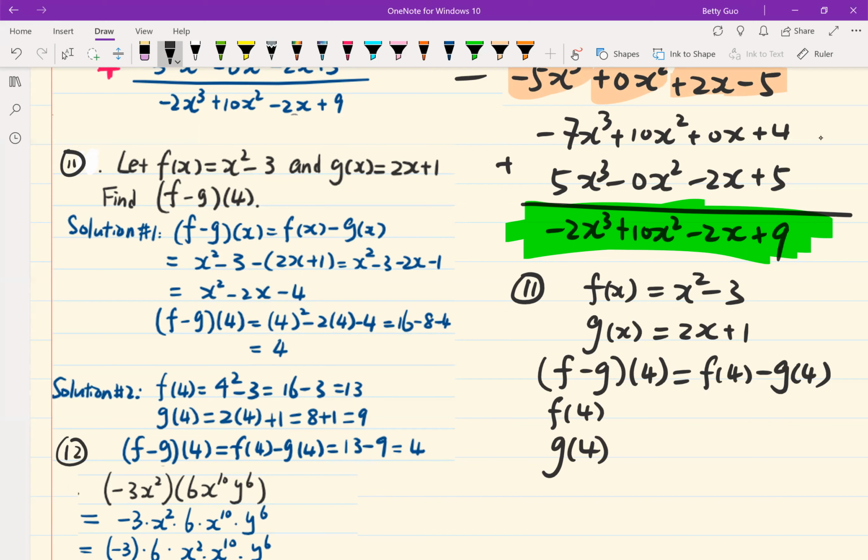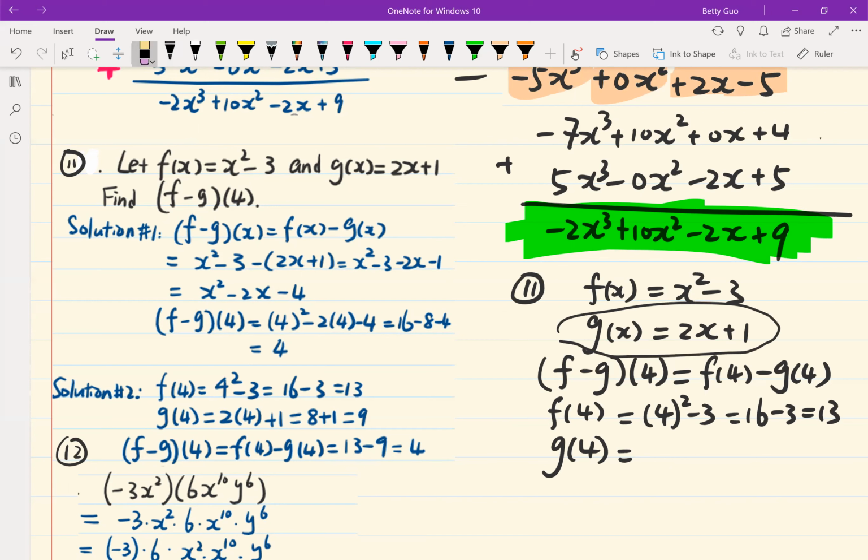Let's see what is f of 4. F of 4, plug in, is 4 squared minus 3. 4 squared is 16. 16 minus 3 is 13. G of 4, for the function g, which is the linear function, we plug in x equals 4. 2 times 4 plus 1. 2 times 4 is 8. 8 plus 1 is 9.